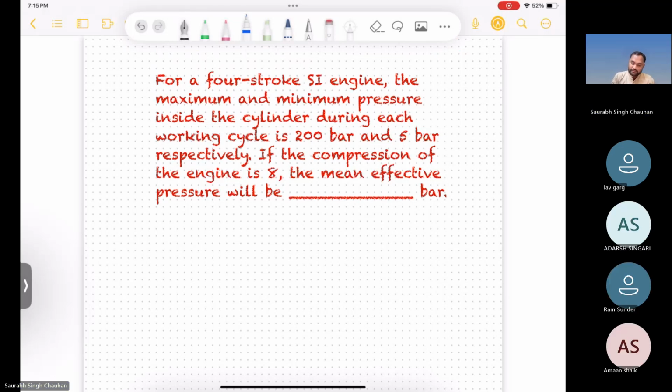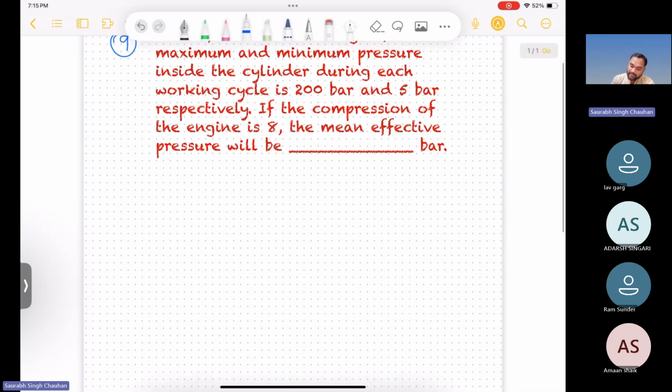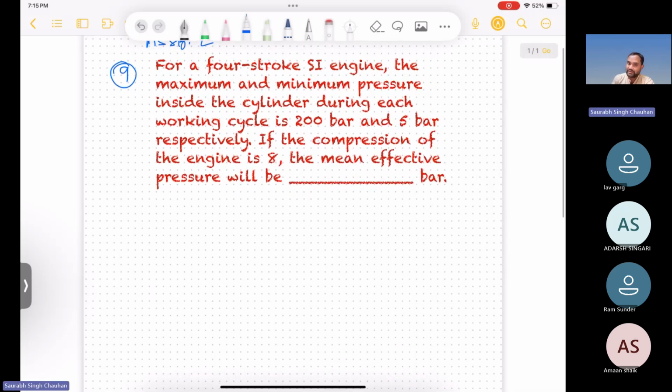For this assignment 2, for a 4-stroke SI engine, the maximum and minimum pressure inside the cylinder during each working cycle is 200 bar and 5 bar respectively. If the compression ratio of the engine is 8, then we have to find the mean effective pressure. Right? So which cycle is this? SI engine. So for SI engine, you can assume that this is an Otto cycle, right?